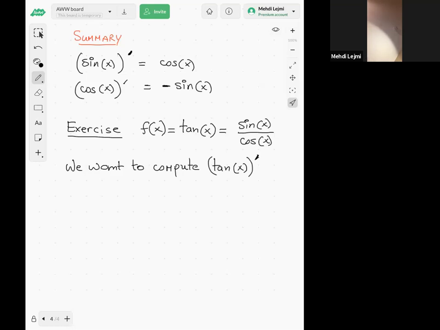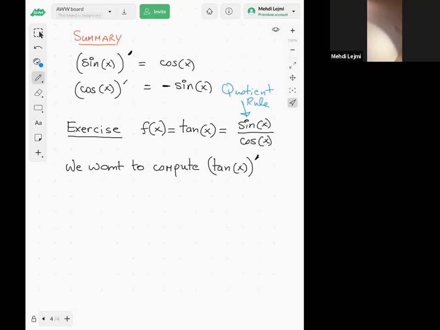You know, guys, tan is sine over cosine, so it's a fraction. Because this is a fraction, we can use the quotient rule.